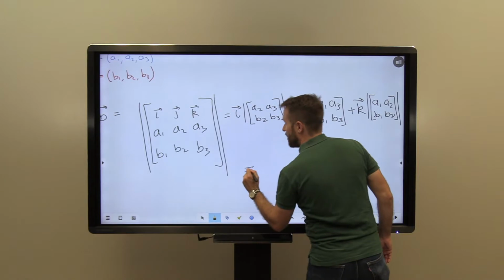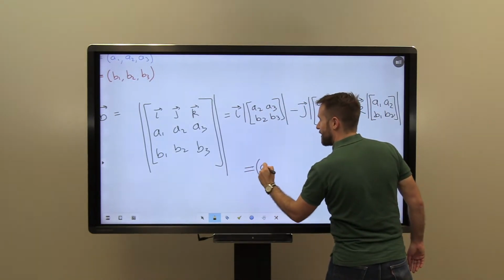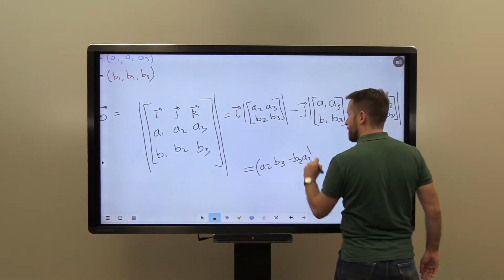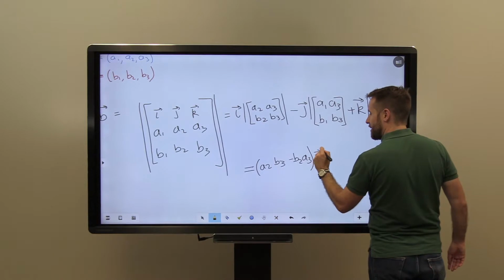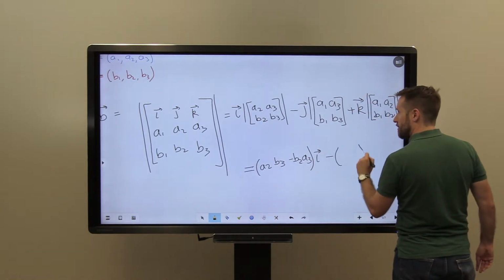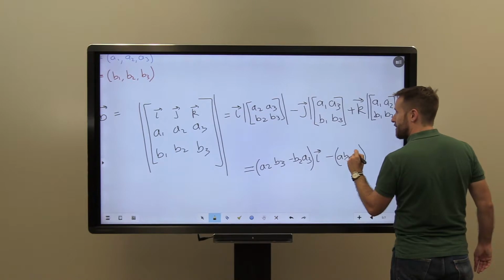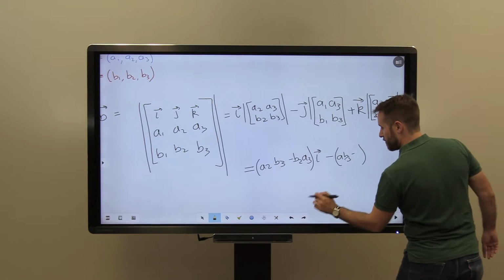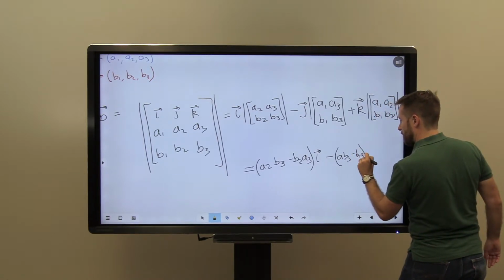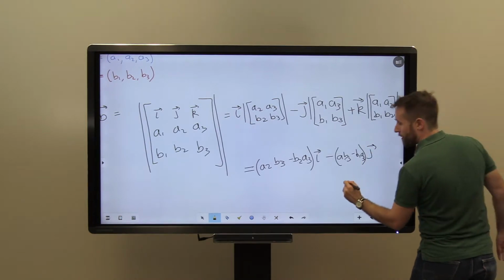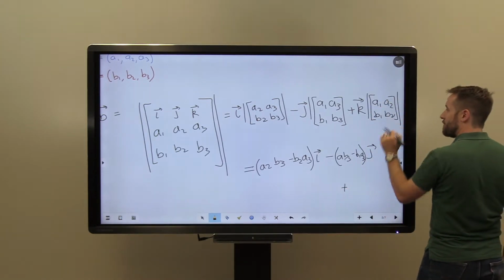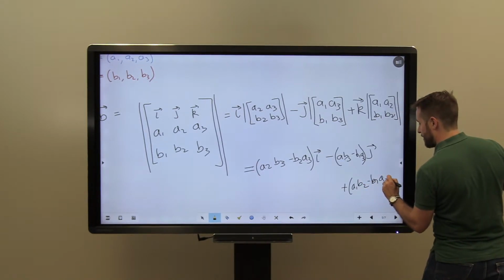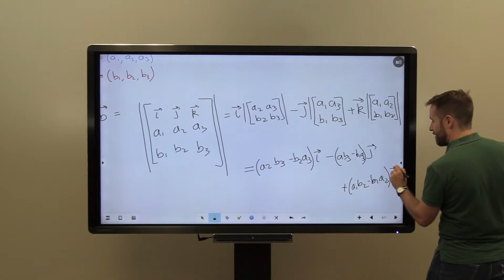So when I calculate this number, that'll be a2 b3 minus b2 a3, all of that times i, minus a1 b3 minus b1 a3, all of that times j, and then plus a1 b2 minus b1 a2, all of that times k.